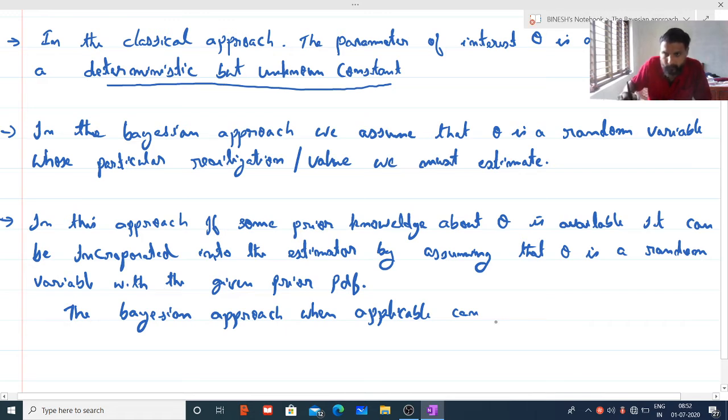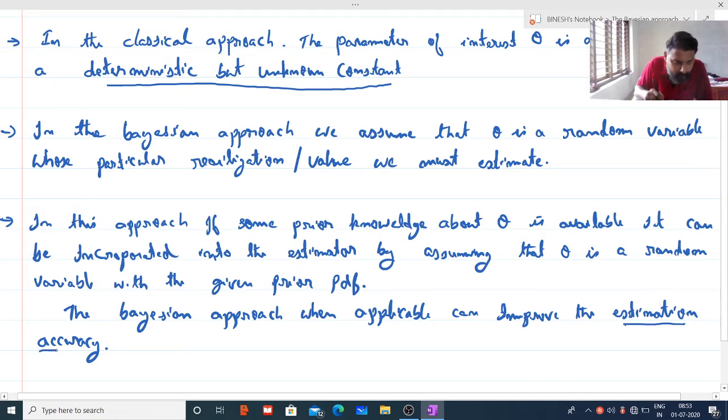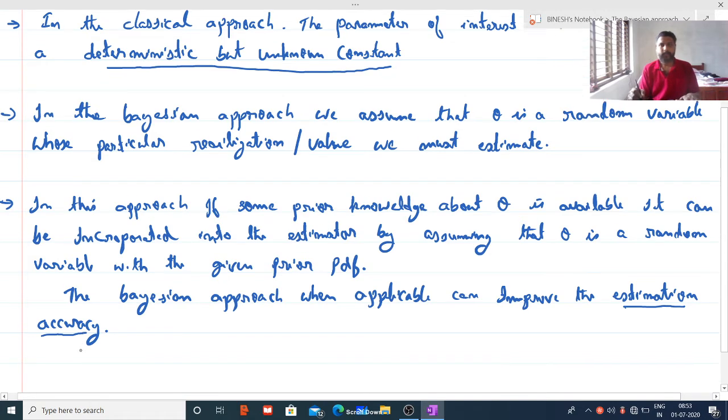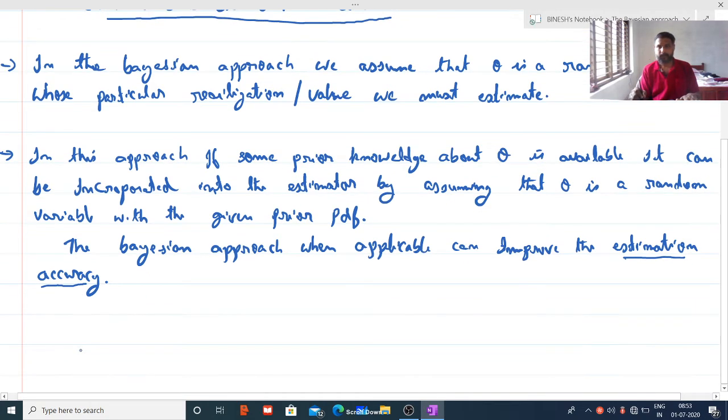Underline that: we can improve the estimation accuracy. Any type of estimator you can utilize, but if you want to improve the accuracy, then you have to go for the Bayesian approach.